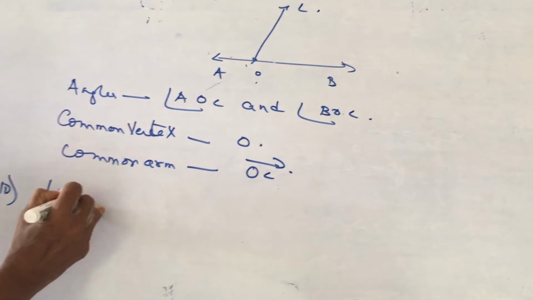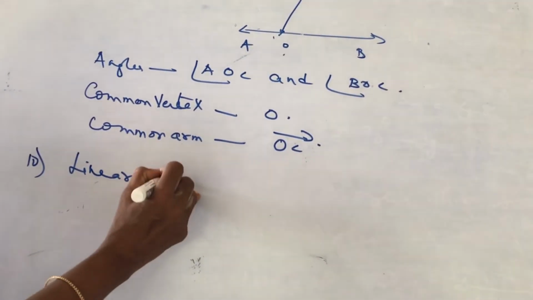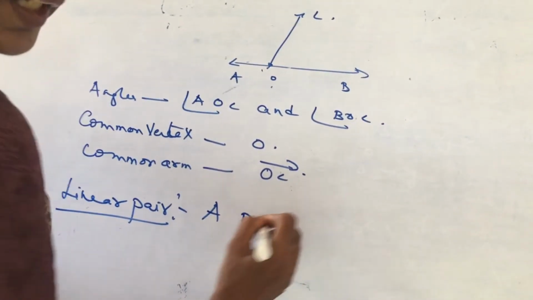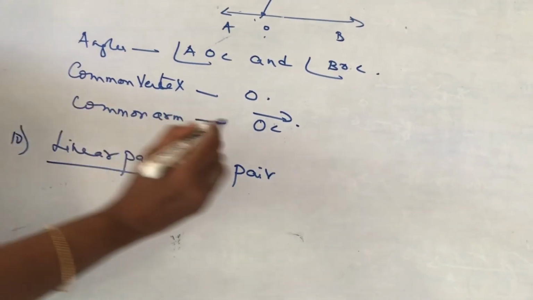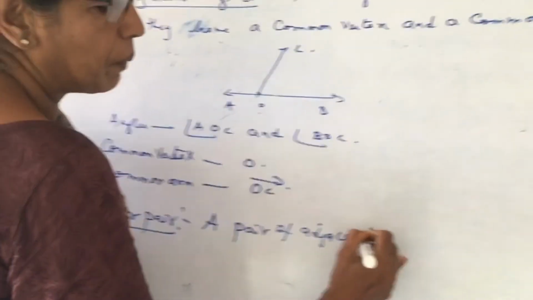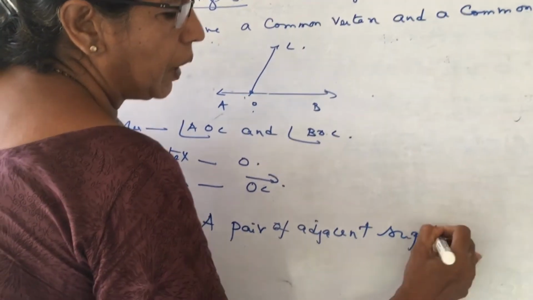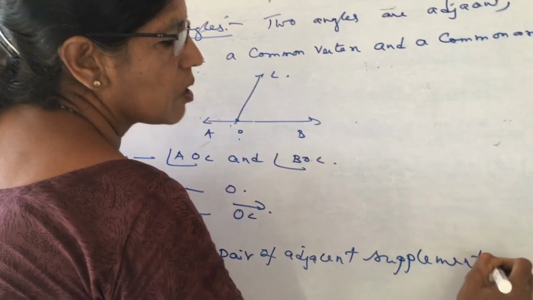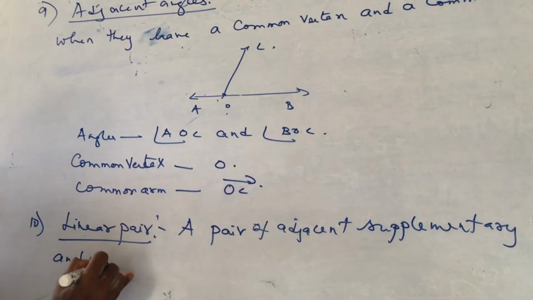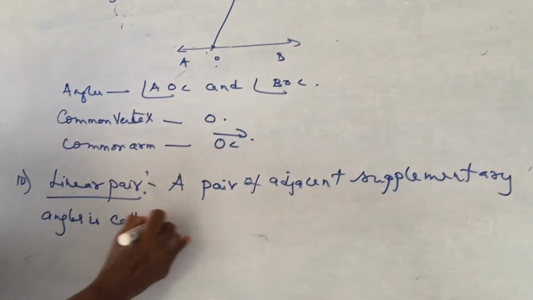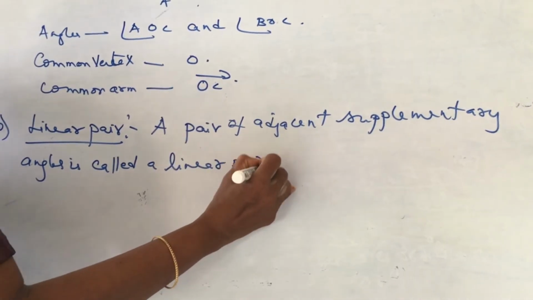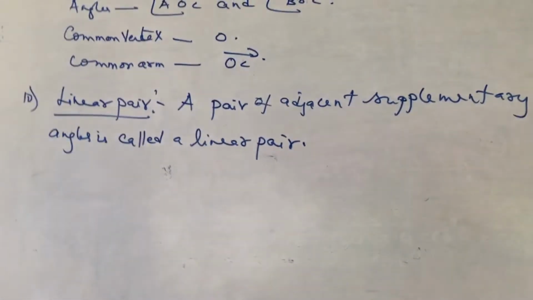Next one, a linear pair. A pair of adjacent supplementary angles is called a linear pair.